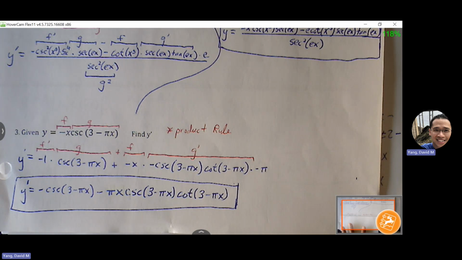Plus 5x cosecant, because the negative x will give negative 5. Yeah, so there's more than 2 though. There's this negative x, there's the negative from the cosecant, and there's also the negative from the prime.